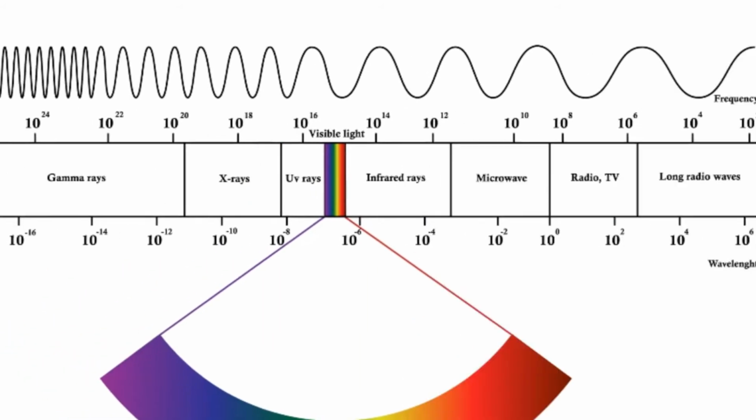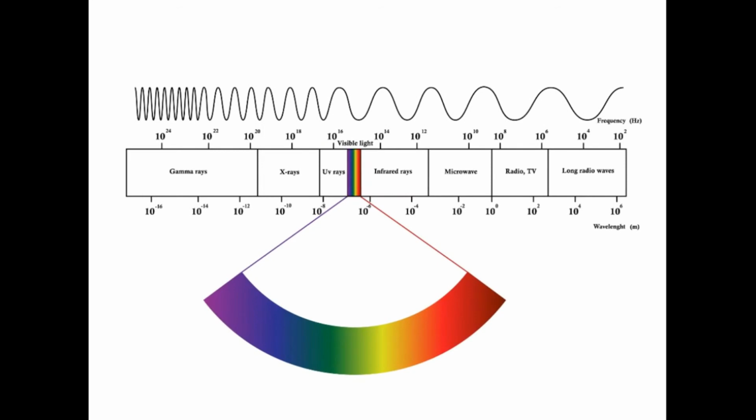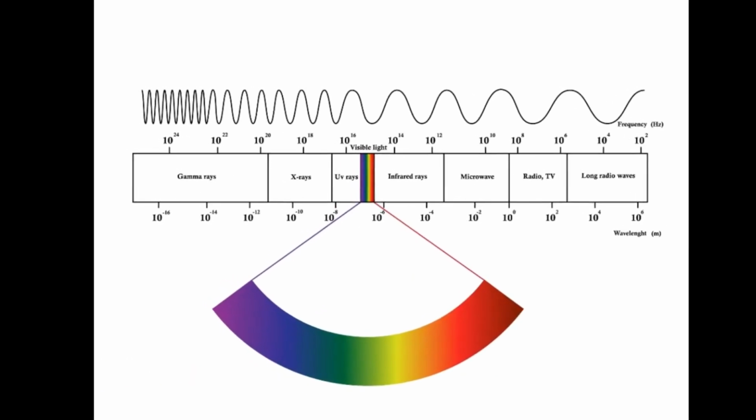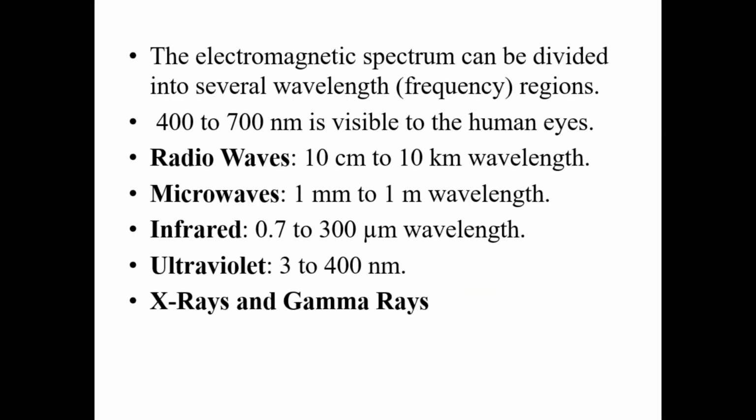The electromagnetic spectrum ranges from gamma rays with short wavelength to radio waves with long wavelength.